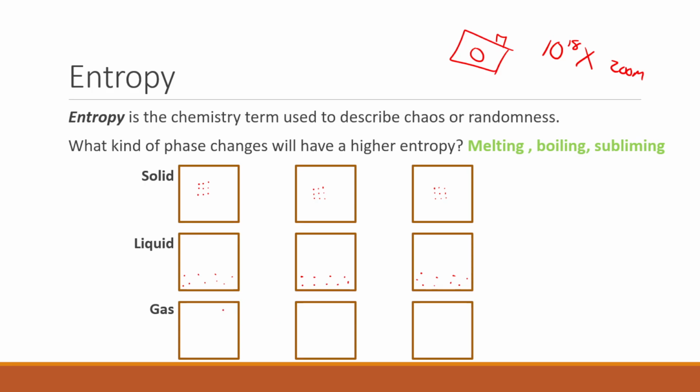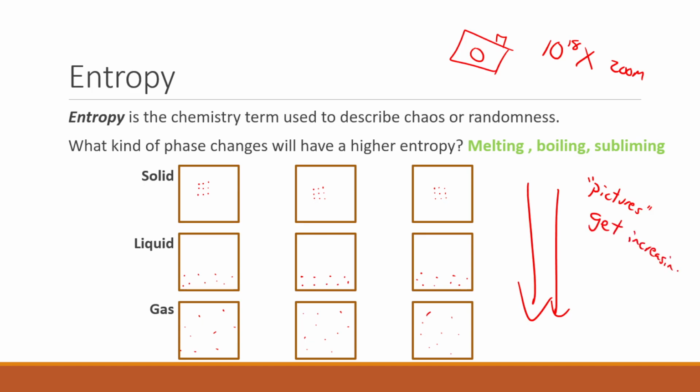When we get to a gas, the pictures are all incredibly different. And as we go down from solid to a gas, these pictures get increasingly different from each other.